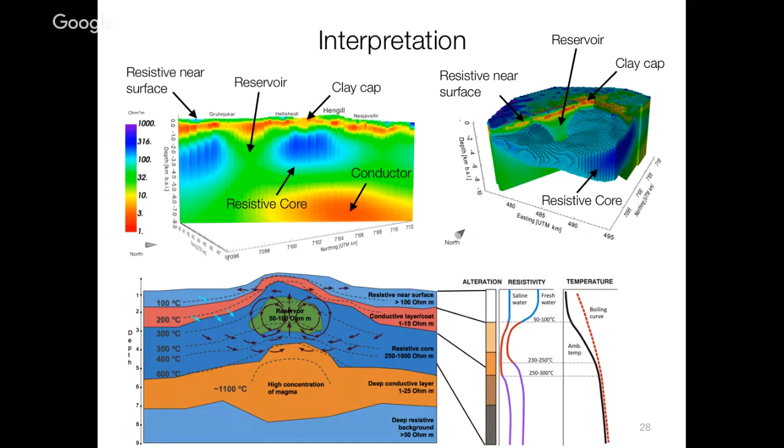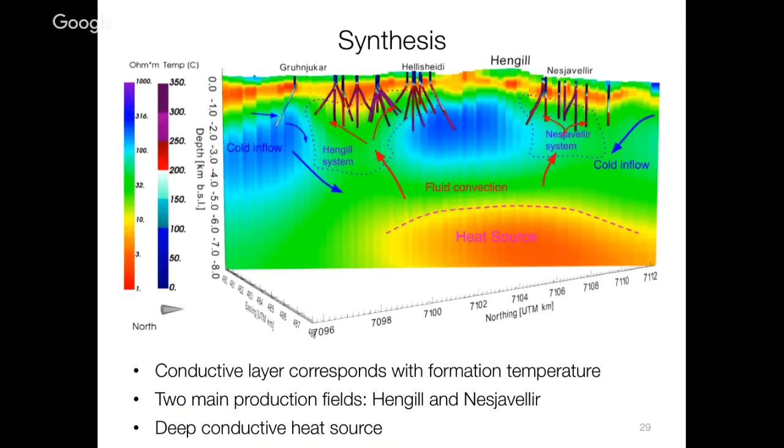So this image actually looks pretty good and pretty much in accordance with this. And in this case, there were a number of wells that were drilled. These wells are color coded in terms of temperature. So the purple and magenta in here indicate high temperatures, and the blues are low temperatures.